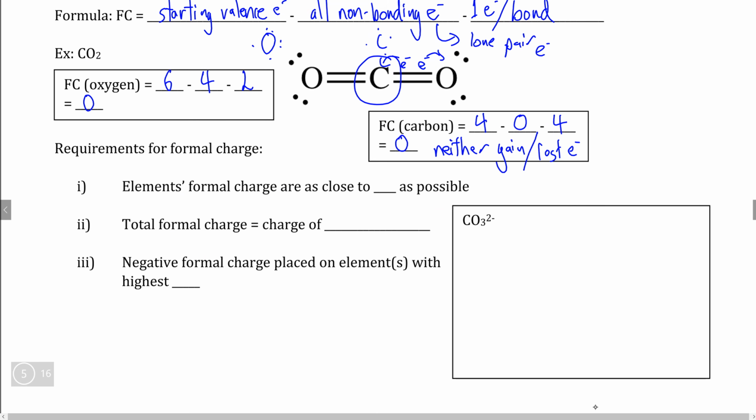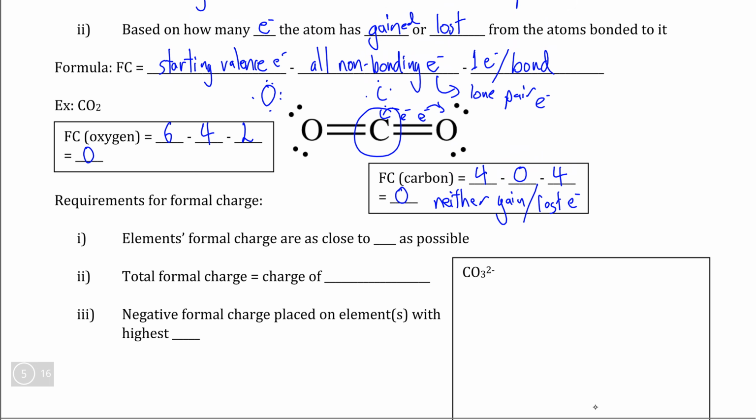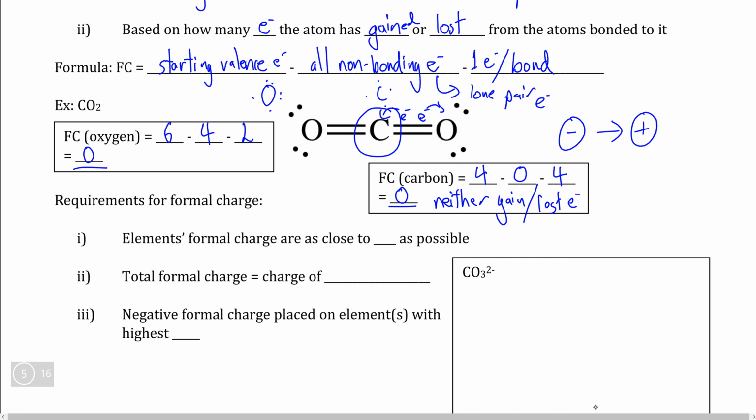Now, in terms of how we use formal charge within drawing Lewis structures, there are a few requirements that we want. Obviously, elements are more stable if they do not have any charge, because if an atom has a negative charge, it will want to attract to a positive charge, and we're dealing with covalent compounds.